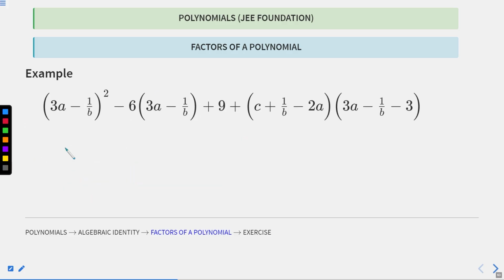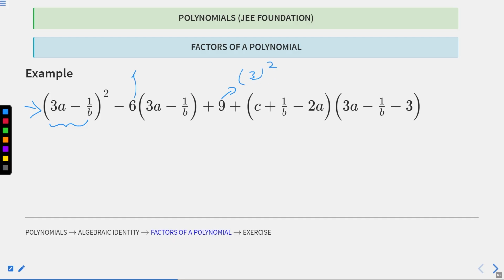Let's see another example. Here our expression is given like this, and let's see how we are going to solve it further. Our one perfect square is given. We know this will become 3 whole square.